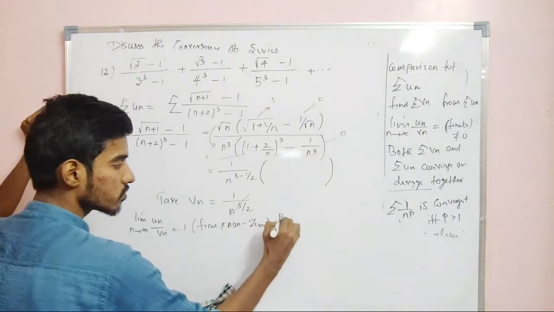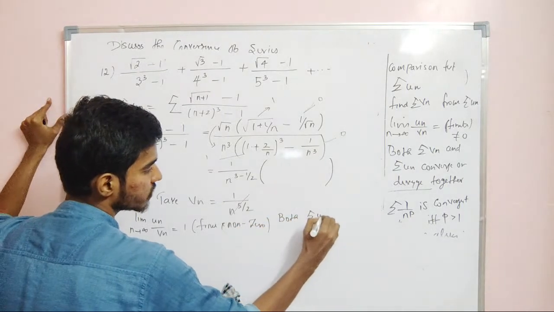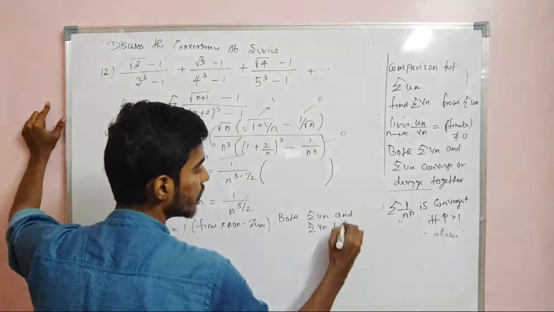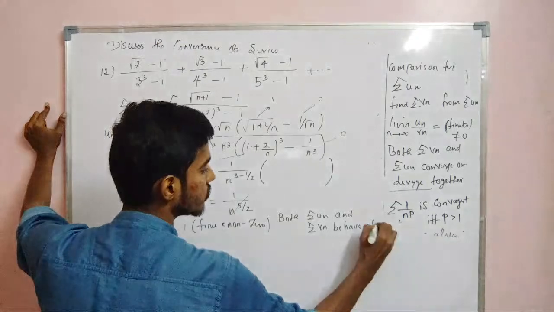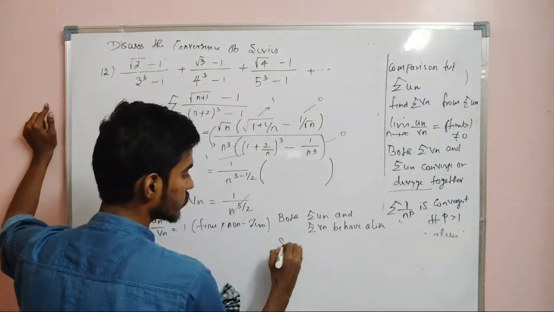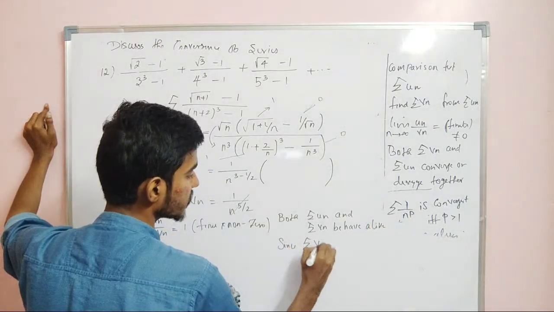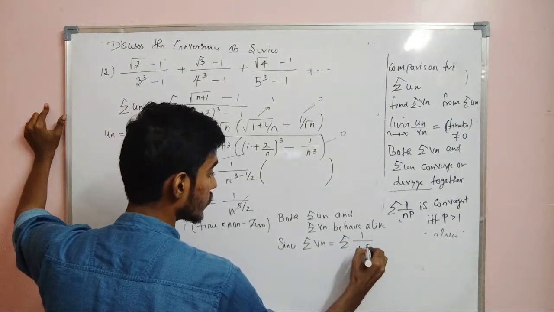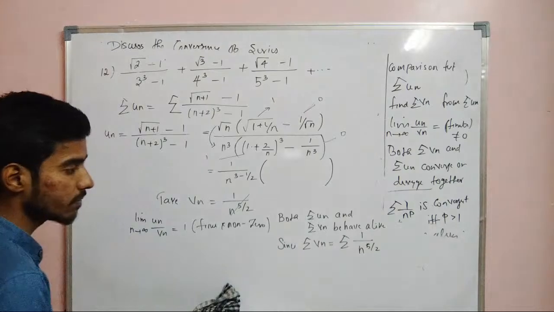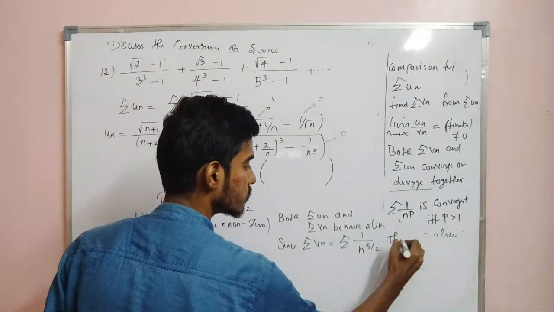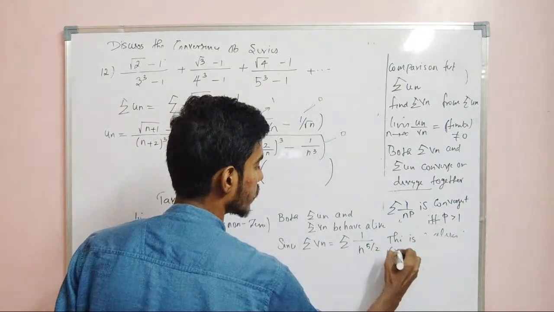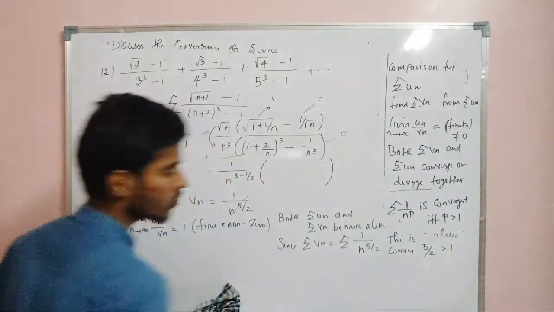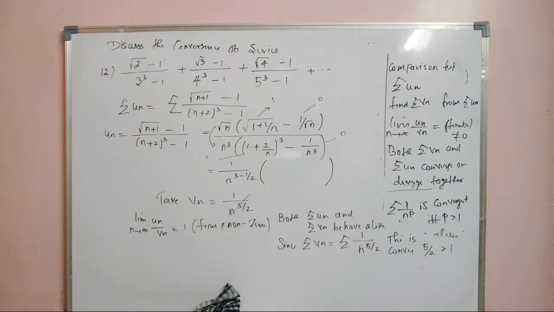So both summation un and summation vn behave alike. What is summation vn? Summation 1 by n power 5 by 2. This is convergent because 5 by 2 is strictly greater than 1. 1 by n power p is convergent if p is strictly greater than 1.